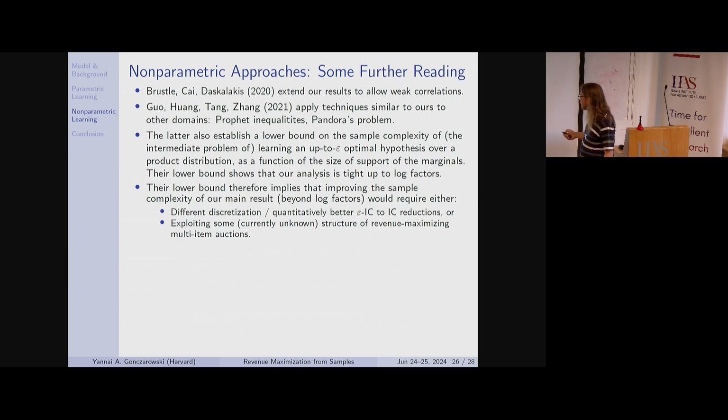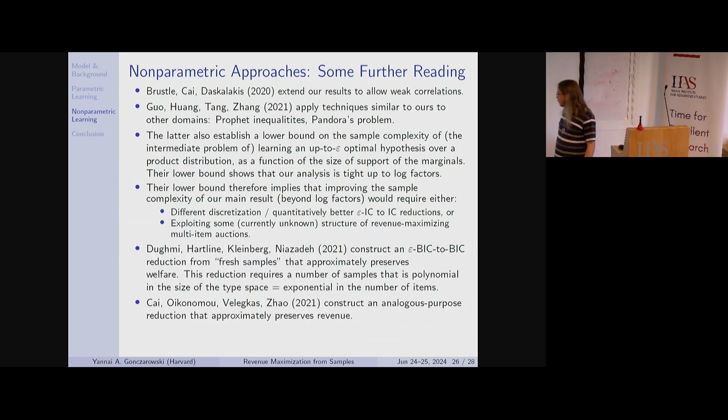It means that if we would want to improve our sample complexity, the polynomial, this would require either discretizing differently, not to this grid of h over epsilon, or a quantitatively better epsilon IC to IC reduction, one that doesn't lose square root of epsilon, or exploiting some currently unknown structure of revenue maximizing multi-item auctions. So their lower bound tells us what we can improve upon, all the stuff we did around in order to get to the heart of our analysis, which is essentially solving this.